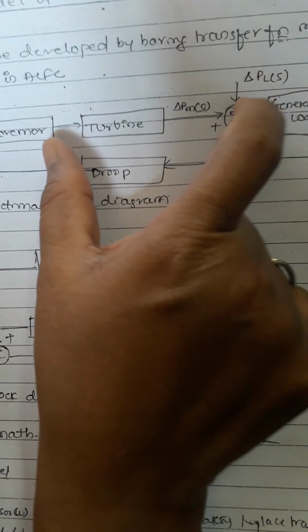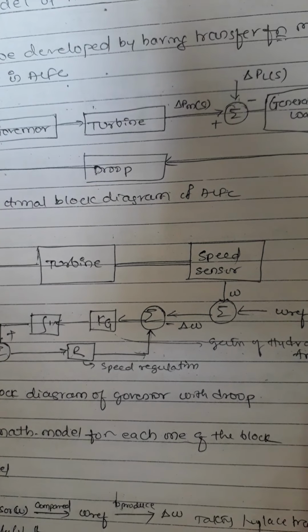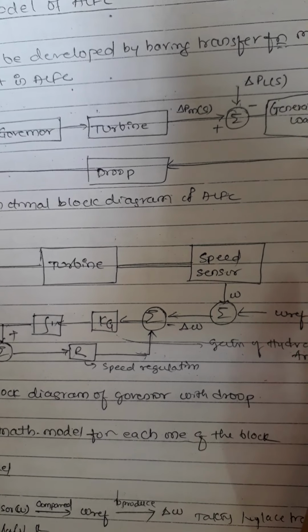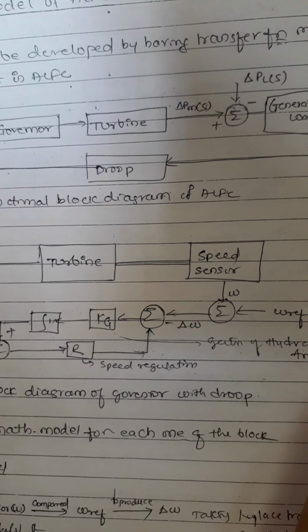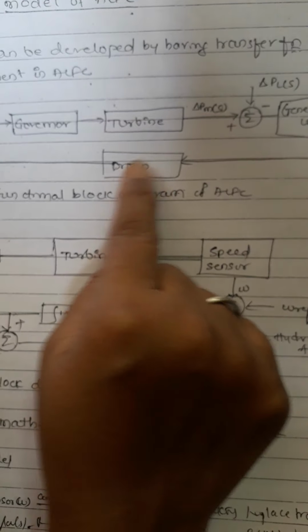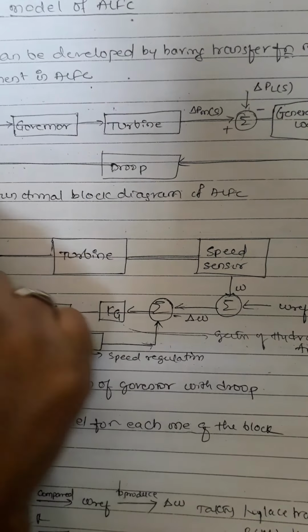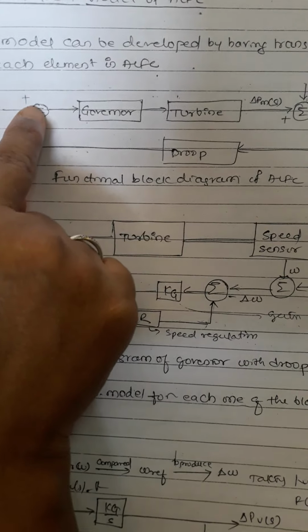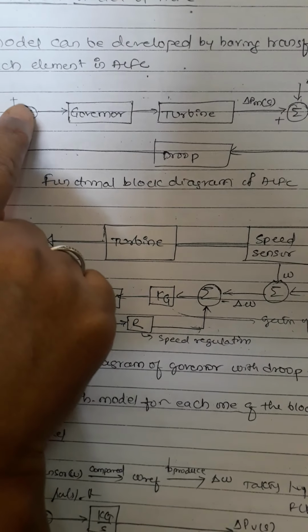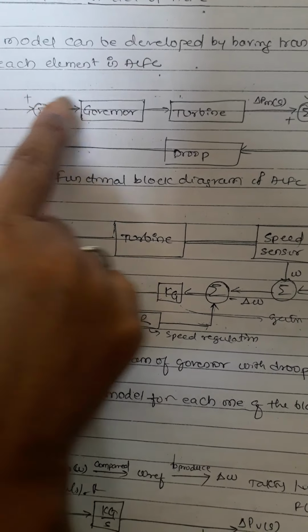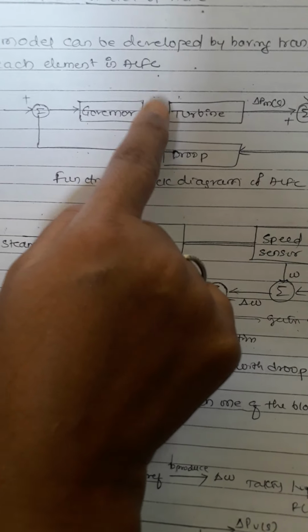Whatever generation is there is applied to the load. Our load should be satisfied. The load requirement should be satisfied. If not, some voltage drop will be there, and that is again given to the input side reference. That is nothing but feedback given again to the input error, so the errors can be minimized.